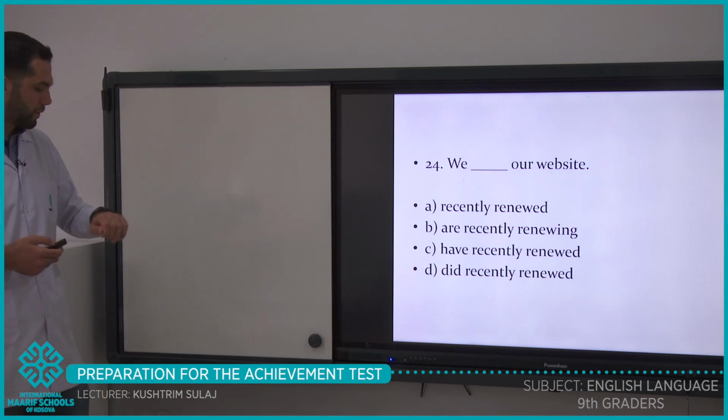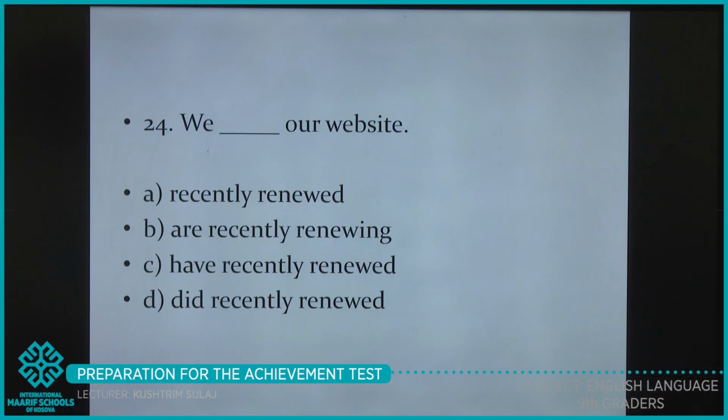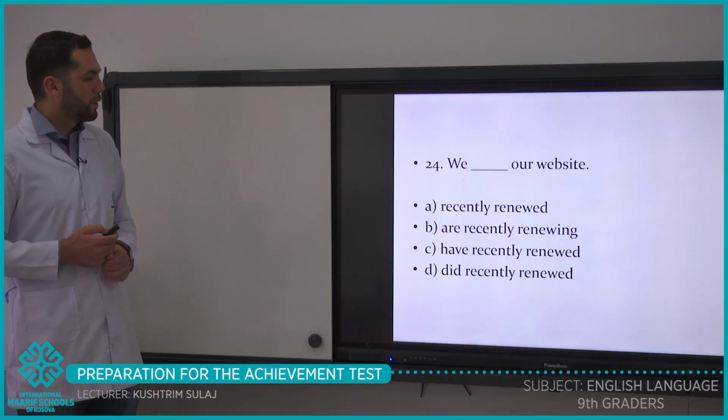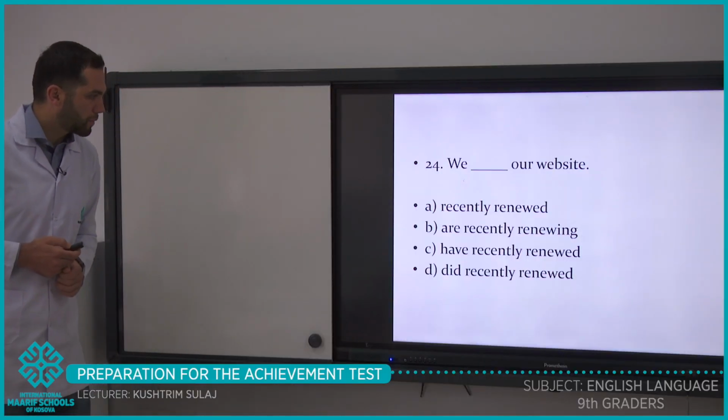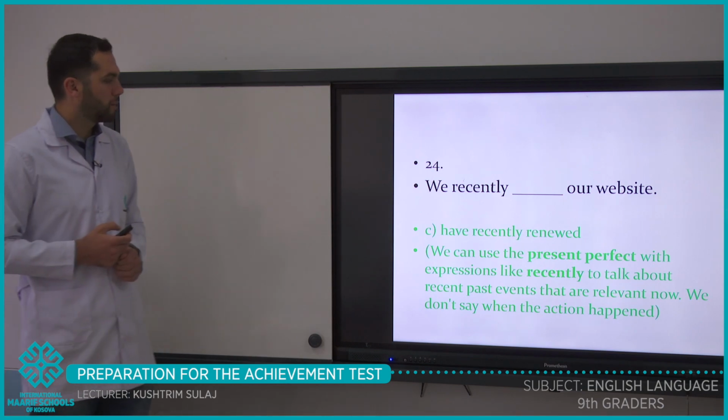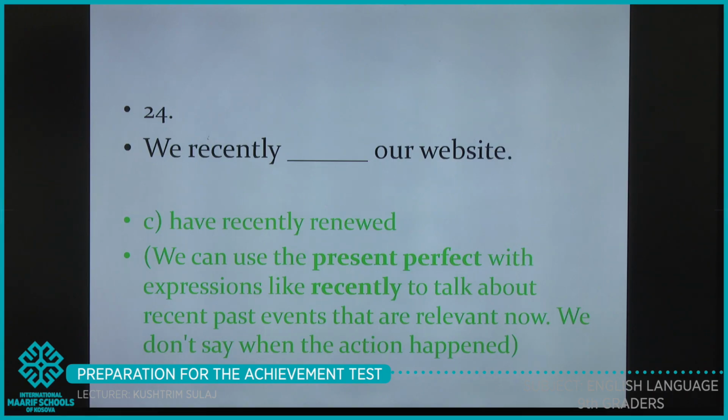Let's go to number 24. We recently renewed, are recently renewing, have recently renewed, or did recently renewed our website. You have to choose one of these options, and the right one is C. We have recently renewed, because it's in the present perfect with expressions like recently to talk about recent past events that are relevant now.